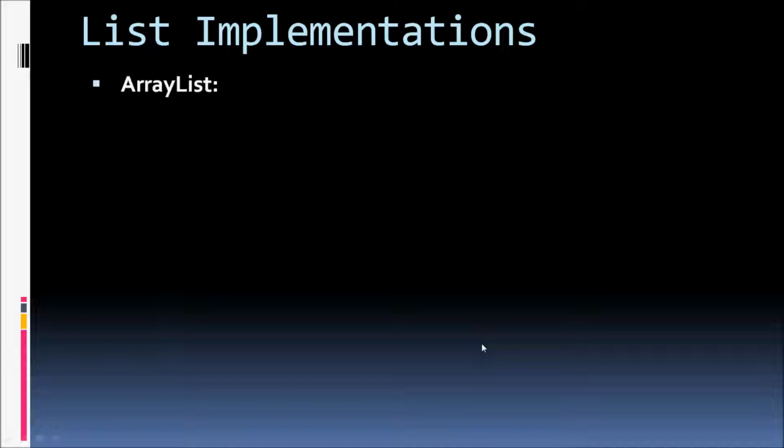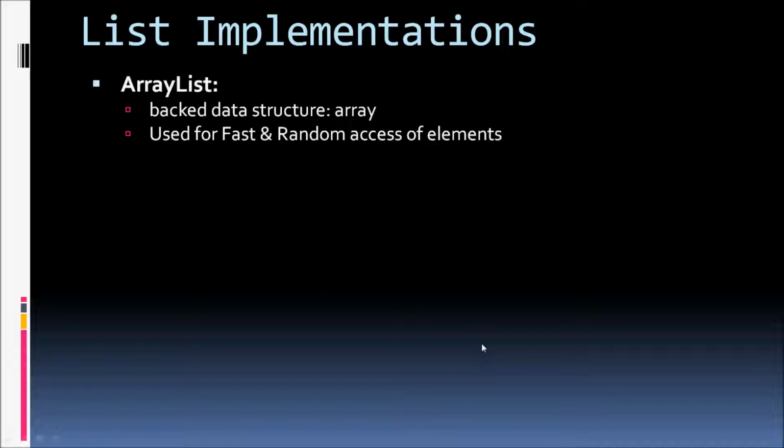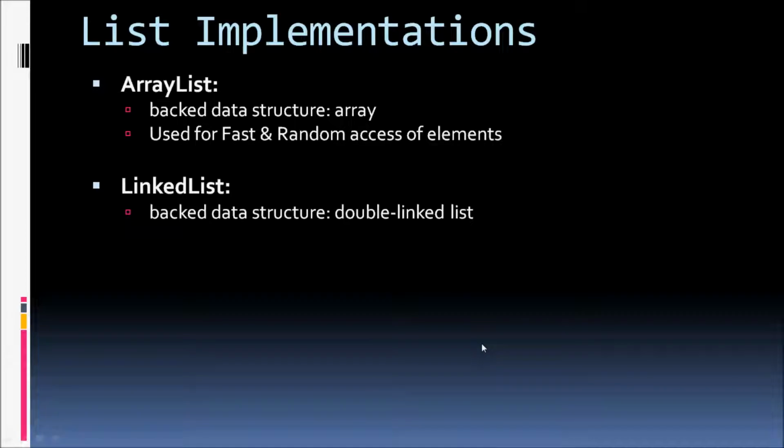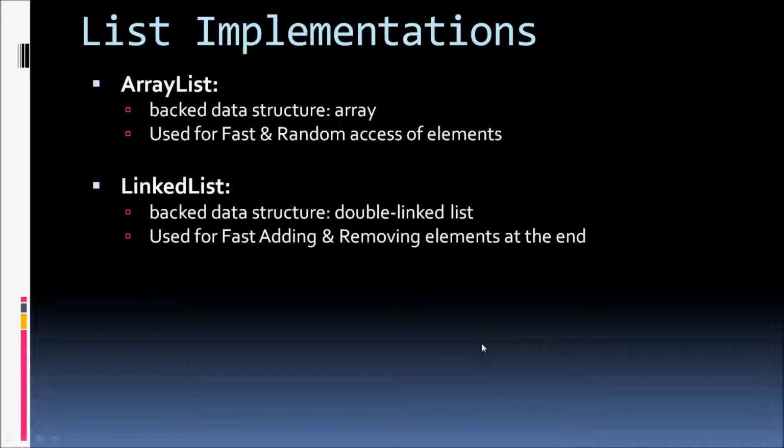And let's understand the 3 implementation classes in the list collection. First, ArrayList is a list collection that is backed by an array, and we use ArrayList for fast and random access of elements because ArrayList provides constant time access to elements, and we use LinkedList, which is backed by a doubly linked list, for fast adding and removing elements at the end of the list.